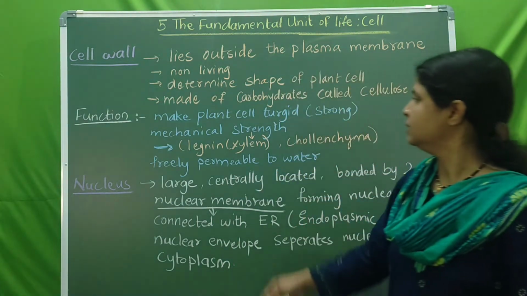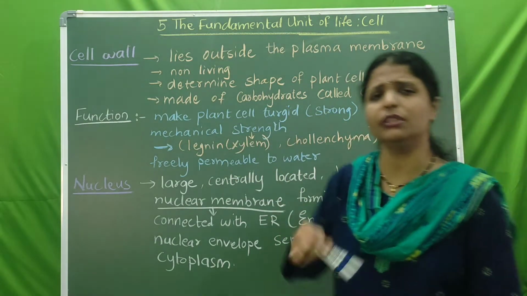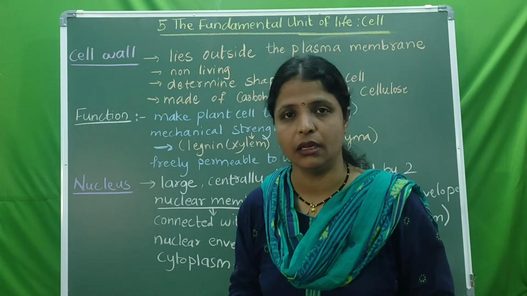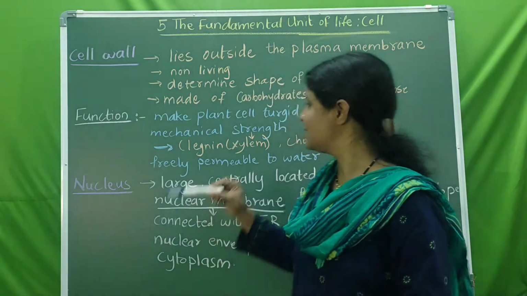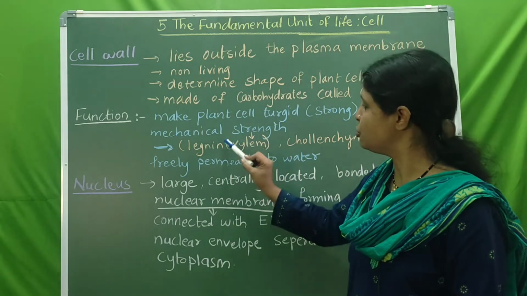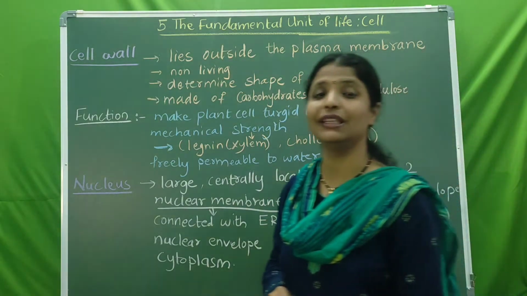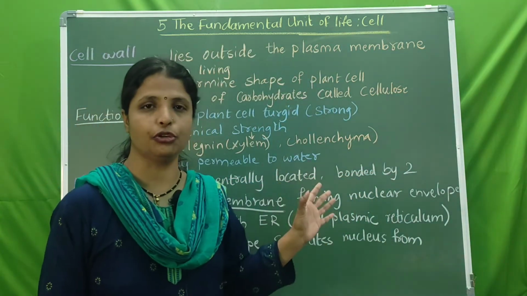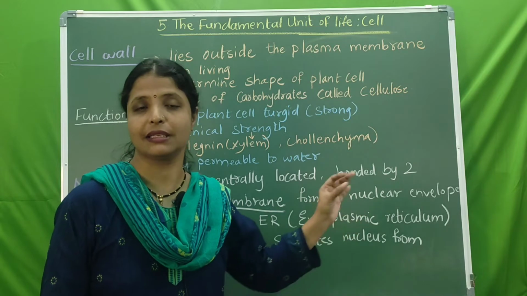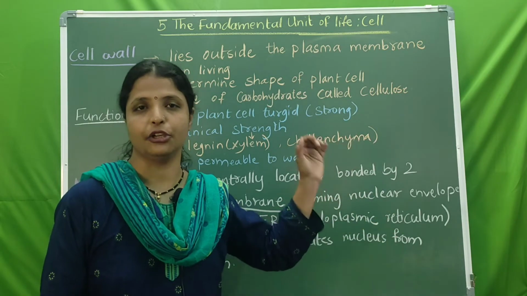Then it also gives mechanical strength. How does it provide mechanical strength? It has special kinds of tissues present, called lignin, which is usually present in the xylem tissue, and it also has collenchyma tissue. You are going to learn about the types of tissues like collenchyma, parenchyma, sclerenchyma in the tissue lesson.